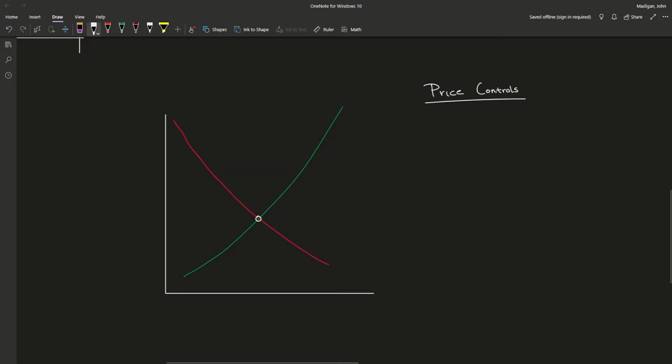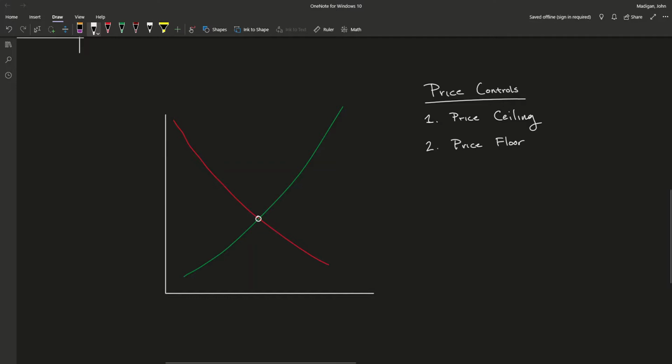The first is what's called a price ceiling. The second is a price floor. And both of them, kind of like the minimum wage, require you to set a certain amount of money for the product or service that you're giving.